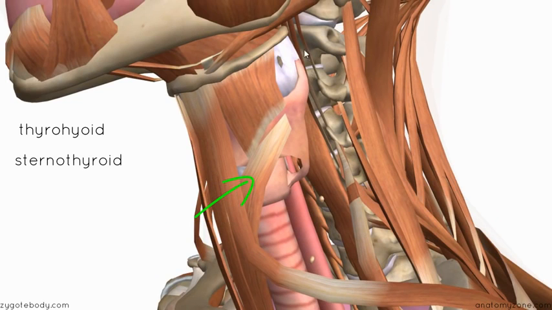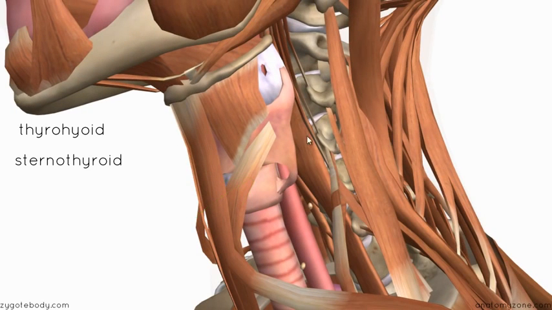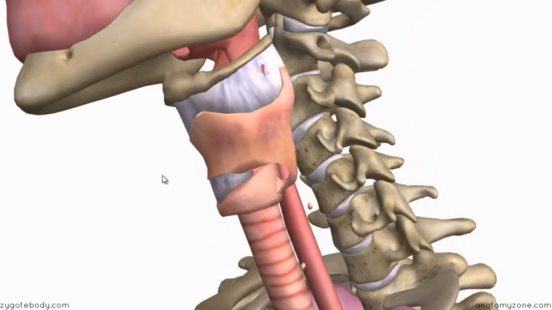And then you've got a muscle which isn't shown on this model, which sits posteriorly, and this is the inferior constrictor muscle. So you've got three muscles which attach along this oblique line. So you can see that the line roughly runs from the base of the superior horn to the middle of the bottom part of this lamina of the thyroid cartilage.